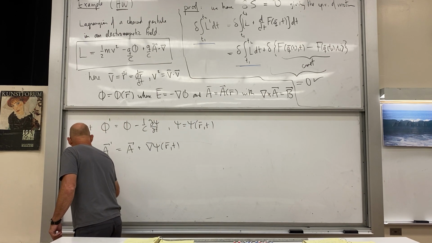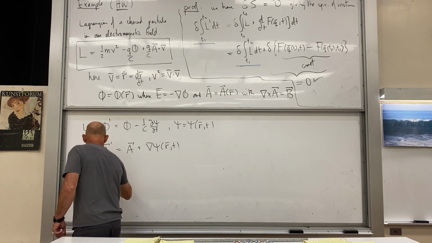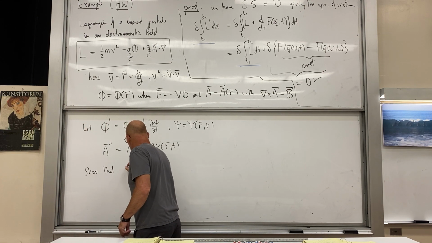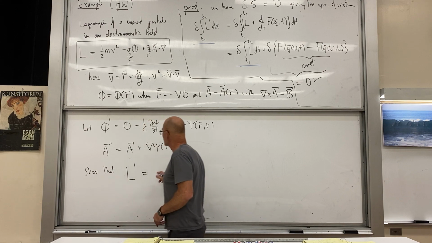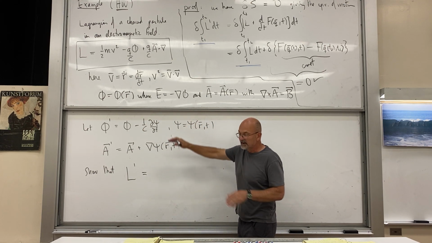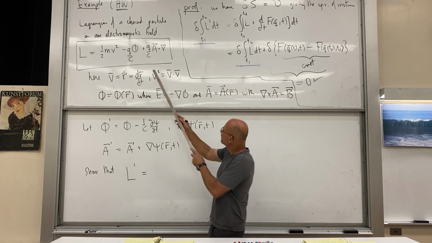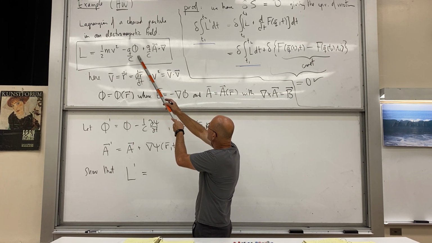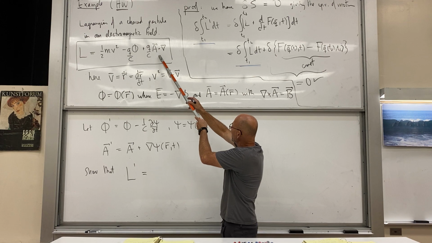Show that the Lagrangian that you get by plugging these transformed quantities in. Okay. So you're replacing phi by phi prime, and you're replacing A by A prime.